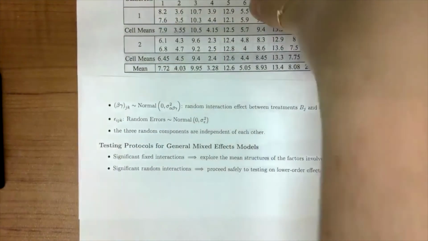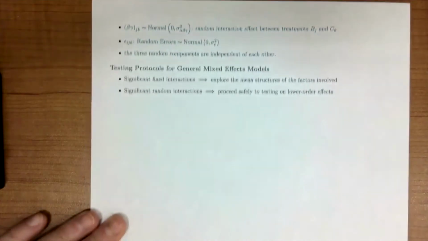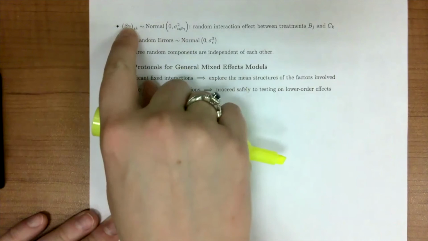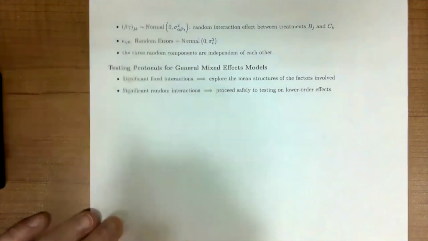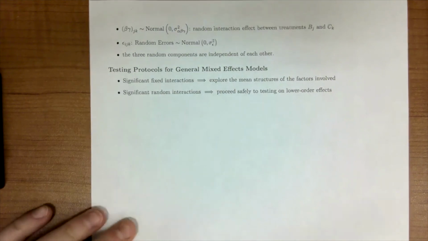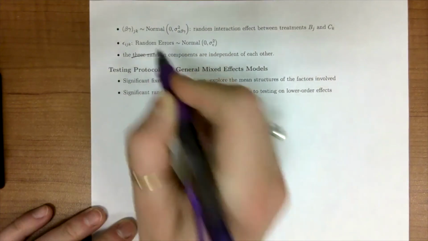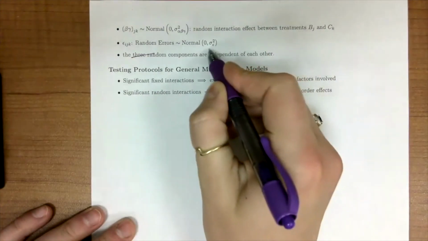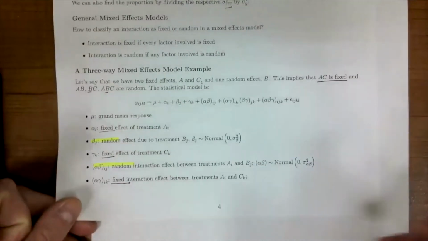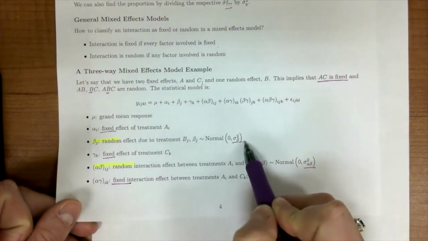Our beta gamma is going to be random because it contains beta, and our epsilon, i.e. our random errors, are also going to be random. This is definitely no longer 3 because we have 1, 2, 3, 4.